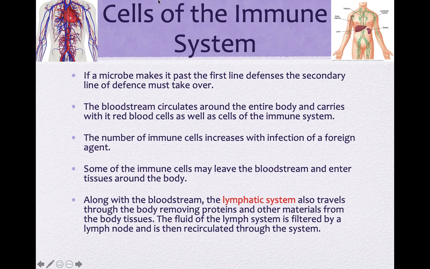So, as well as just the simple immune system that we're going to talk about in just a second, all of the cells, things that you guys are familiar with, lymphocytes, white blood cells, leukocytes, we're going to talk a little bit about the lymph system, just a tiny bit. And the lymph system runs along with the traditional circulatory system.